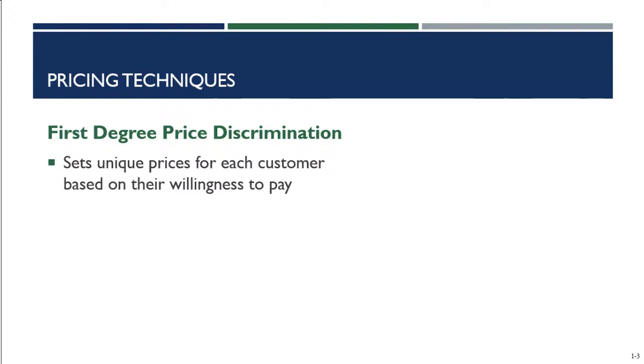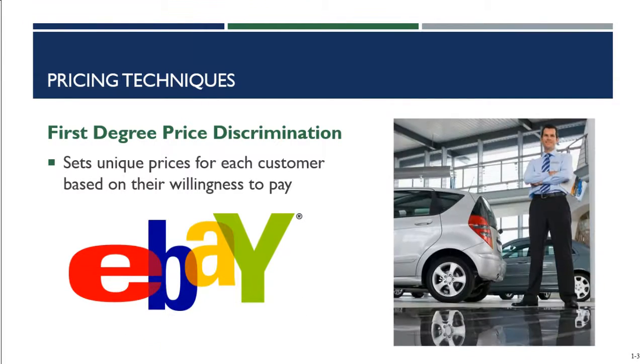And it is legal, and the process is setting a unique price for every single customer who comes into your store. You find out what that customer is willing to pay, and you set the price at that amount. So this is used generally. We see it a lot in car dealerships and on eBay.